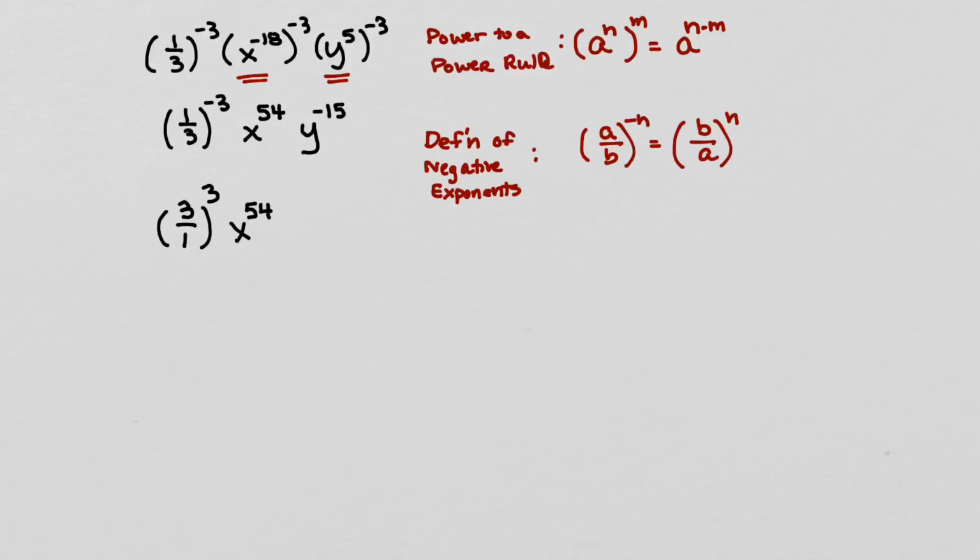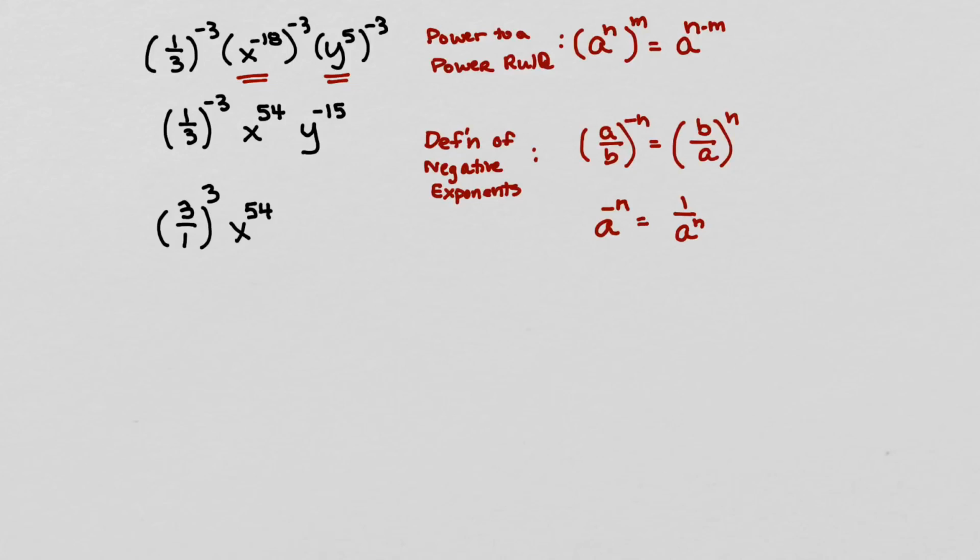X is raised to the 54, and that's a positive exponent, so I don't need to do anything with that. But my y is raised to the -15, and I also need the definition of negative exponents to deal with that. What is the definition if I have a single base and not a fraction? If I have a to the -n power, what do I do to get rid of that negative exponent? Well, I simply invert that base a and make my exponent positive.